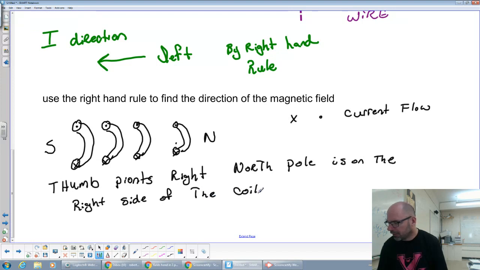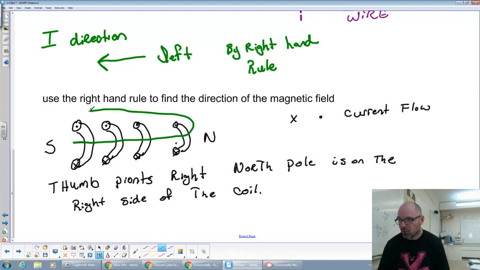Okay, and then we'll draw the magnetic field in here. Let me change colors here. Okay, sorry about that. So changing colors here. Okay, magnetic field, going around like this.